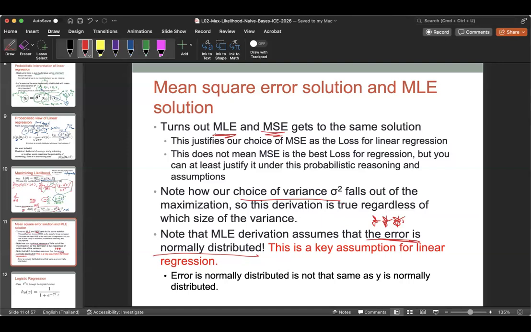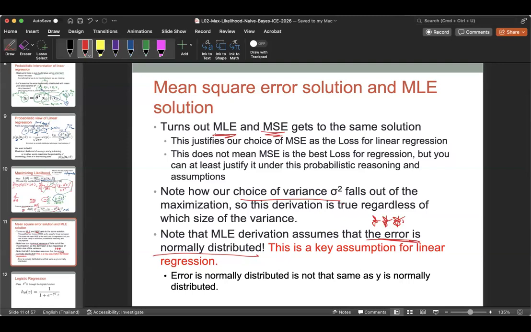So a good check of whether your model is a good fit is to train the model and then plot the distribution of your error.